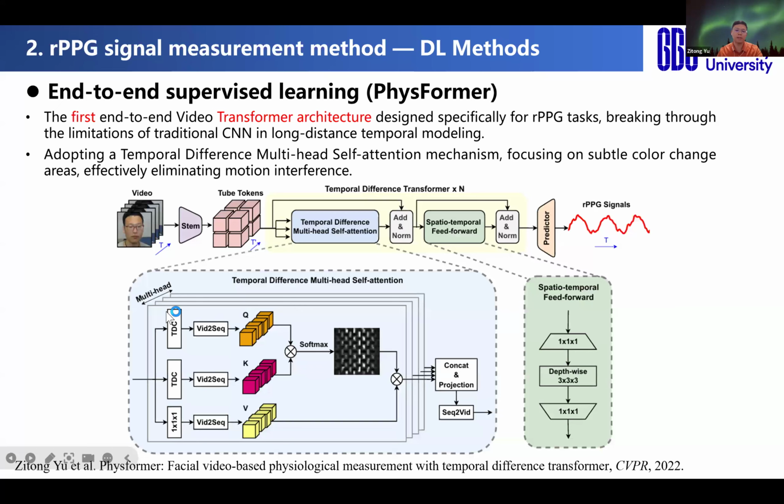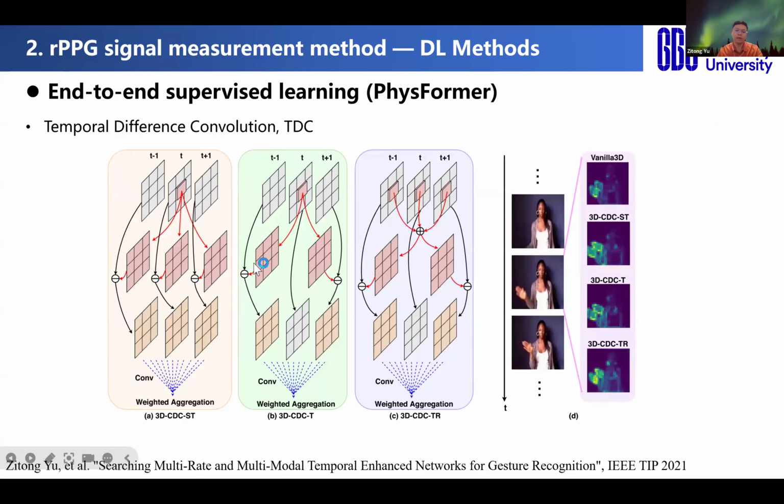And then what is the TDC? We assume that we want to enhance the local spatial-temporal color change. So we take the difference between the local spatial region and the adjacent frame regions. For example, in this CDC temporal, the red one is the current feature, and we duplicate it into the last frame and future frame, and they do the difference.